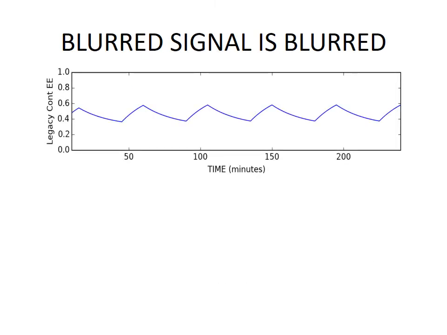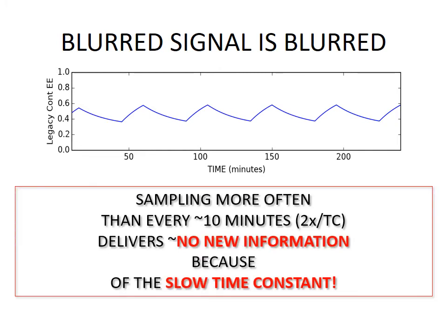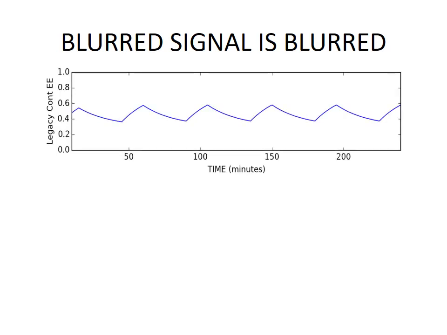Because the signal is blurred so much by the long time constant, sampling more often than about twice per time constant doesn't deliver much new information. And again, that's because the slow time constant has diminished the rate of change of the signal to the point where sampling it more rapidly begins to deliver very rapidly diminishing returns.